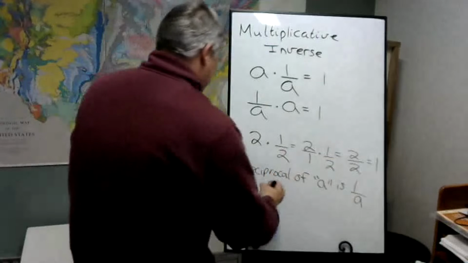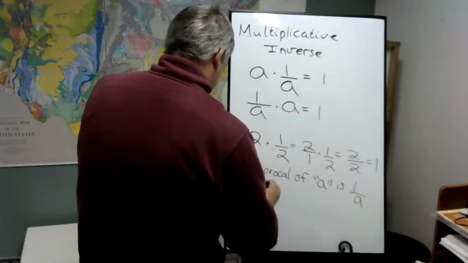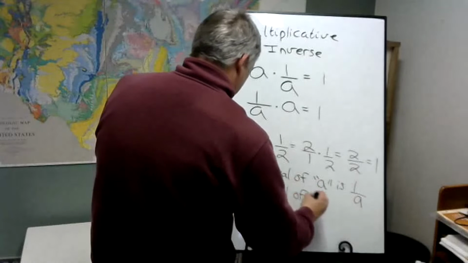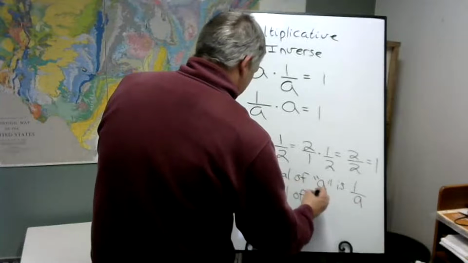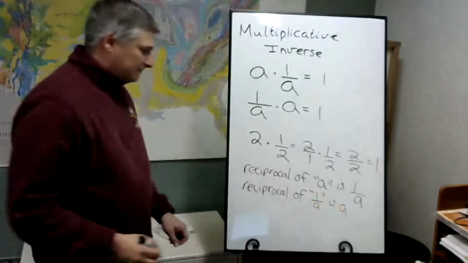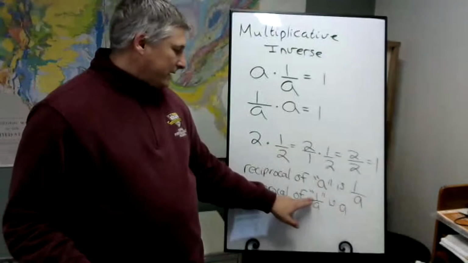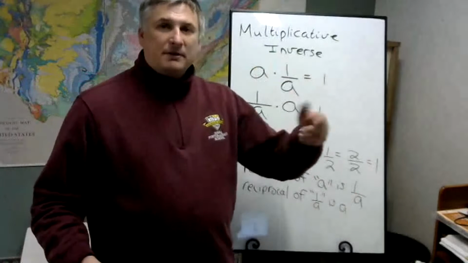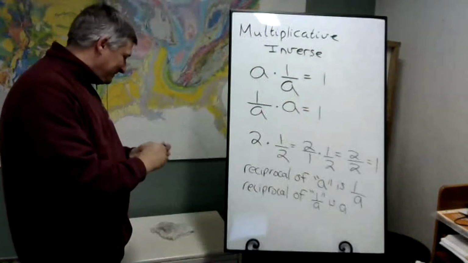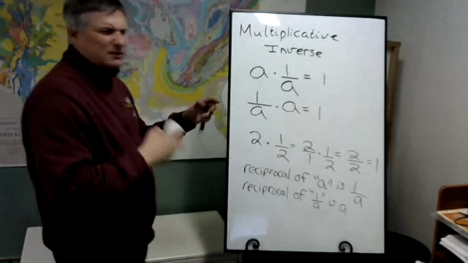And then likewise, the reciprocal of 1 over a is a. If you have something with a 1 on top, well, flip it and the 1 goes away and you're good to go. Let me demonstrate that.